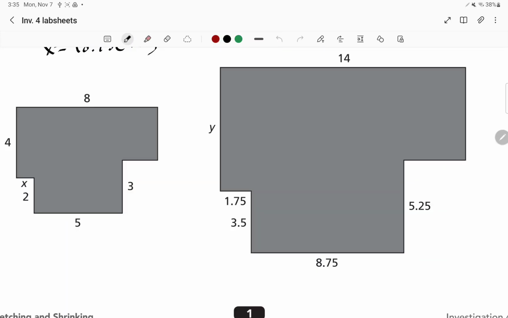Okay, so for number 1, if we figure out what the x value is, there are multiple ways. Number 1, you can see what the scale factor from one to the other is. So if we go from 8 to 14, let's look at our scale factor. What is that scale factor?